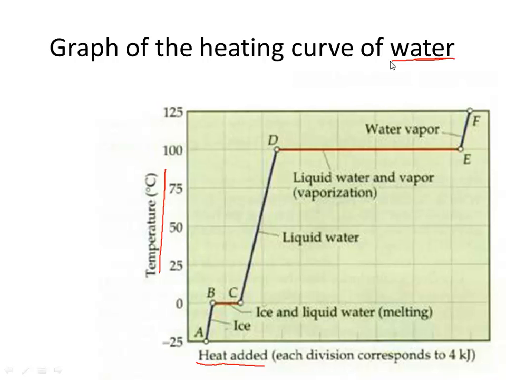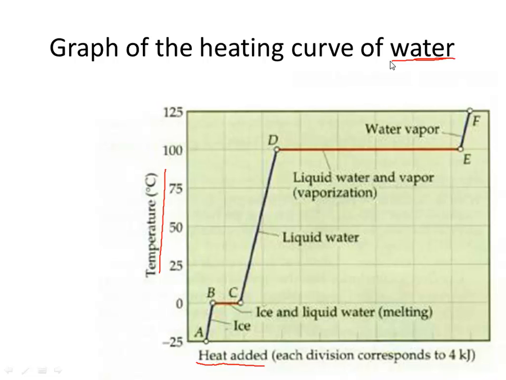Or if I had something like oxygen. Oxygen's a gas, so oxygen would be much lower in the temperature scale if you had to make it a liquid. So liquid oxygen does exist, it just happens at a much lower temperature. So a common misconception is that the boiling point for everything is 100 degrees Celsius, and the freezing point 0. That's not the case. Okay?